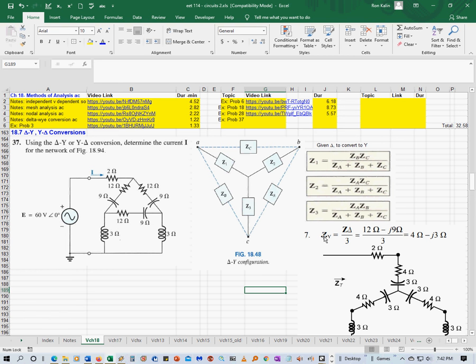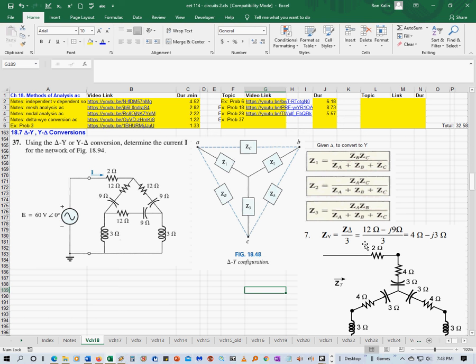If they're all equivalent, then you just take the delta impedance and divide it by 3 and you'll get the Y impedance. If all three of these Z's were equivalent, you would get Z squared on the top divided by 3Z on the bottom, which would be Z divided by 3.